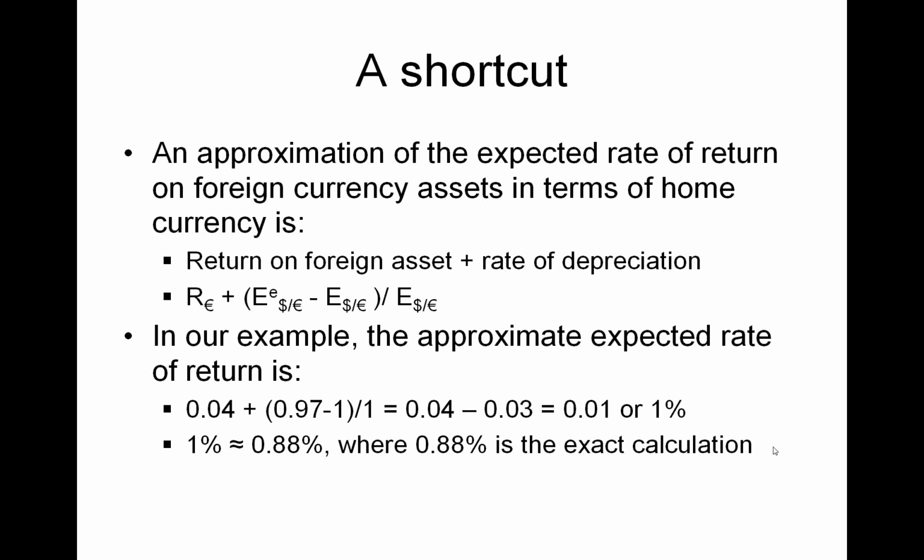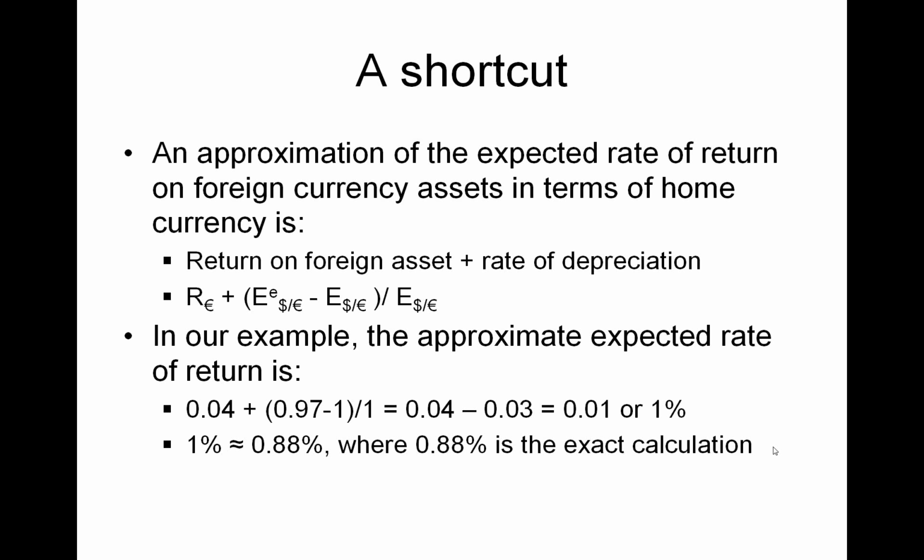So in our example, the approximate expected rate of return is 0.04, which is the rate of return on the euro deposit, plus 0.97 minus 1, quantity divided by 1, which is our rate of depreciation, and this is equal to 0.04 minus 0.03, which is equal to 0.01 or 1%.